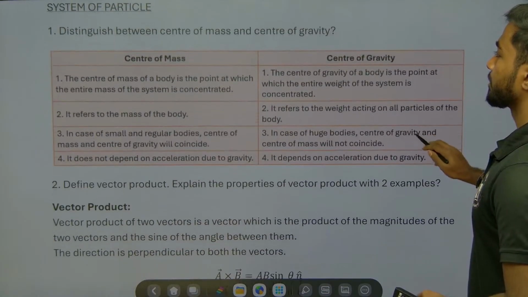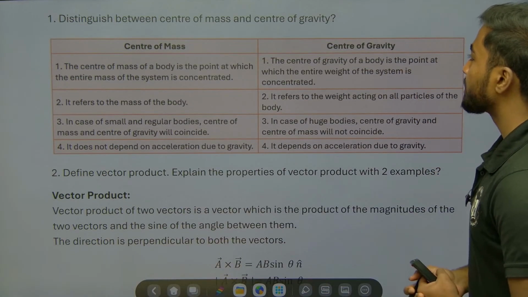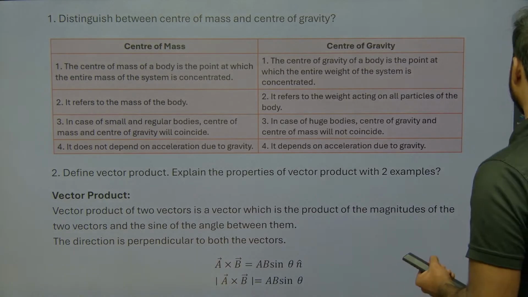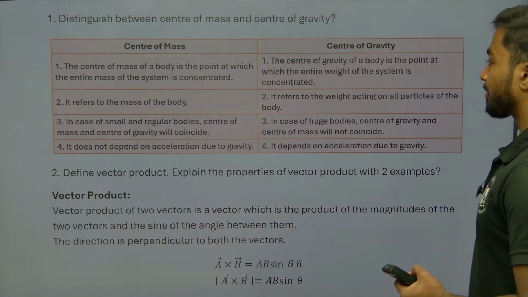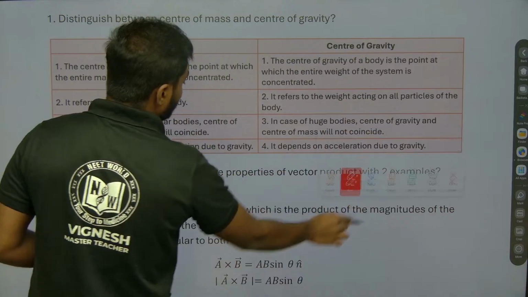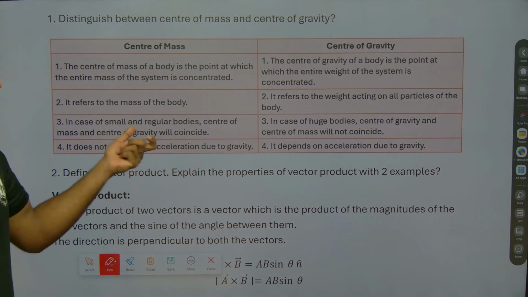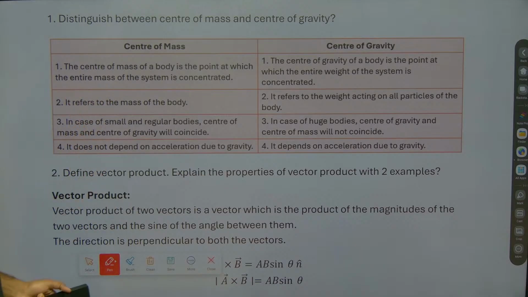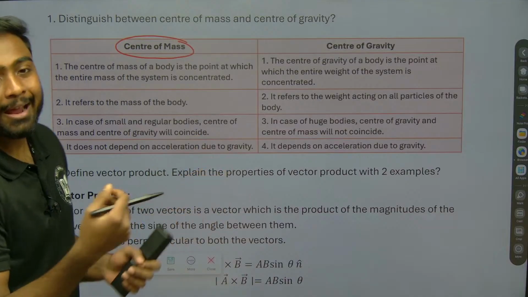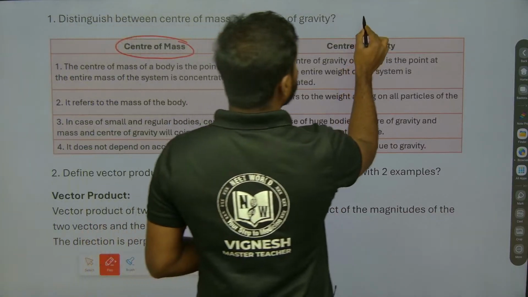So the first question of system of particles and rotational motion is: distinguish between center of mass and center of gravity. These are two different concepts. Center of mass is about only the mass, only the magnitude, like we know the difference between mass and weight.